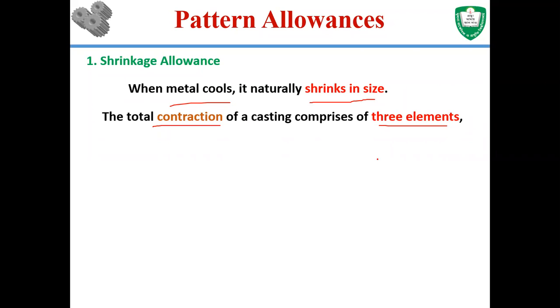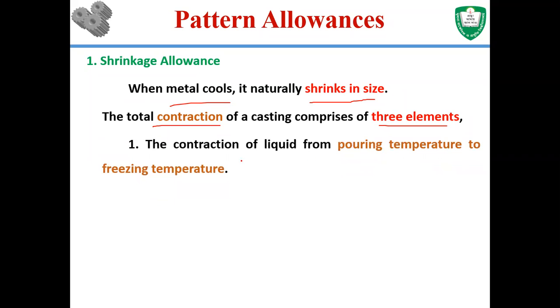In the first stage, it is called the contraction of the liquid from pouring temperature to freezing temperature. As we discussed in the first class, the pouring temperature of the molten metal should be higher than the freezing point temperature of that metal, because if you pour the molten metal into the cavity at the freezing point temperature, then you will not be able to obtain a proper casting because the material will solidify immediately.